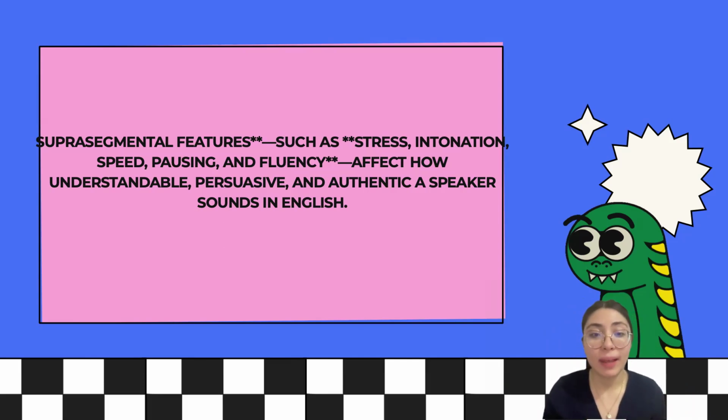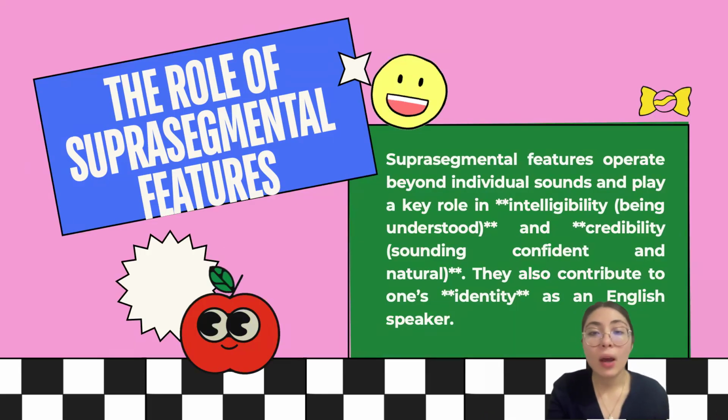And suprasegmental features such as stress, intonation, speed, pausing, and fluency affect how understandable, persuasive, and authentic a speaker sounds in English. And now I'm gonna talk about the role of suprasegmental features.